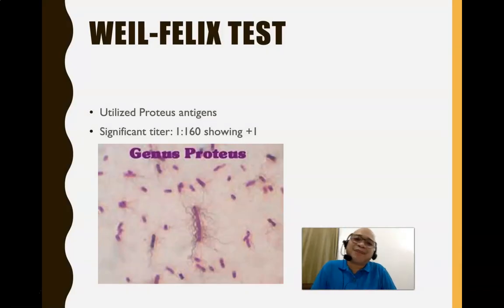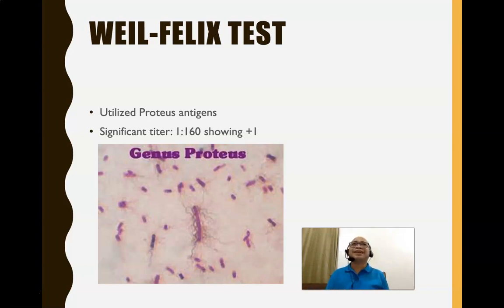Okay, so let's talk about the Weil-Felix test. The Weil-Felix test utilizes Proteus antigen. Apparently, when Weil and Felix discovered that a person with rickettsia would actually excrete Proteus antigen, they could detect it in the patient's urine.